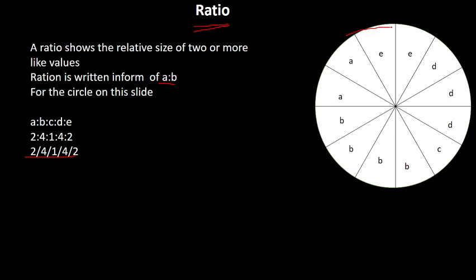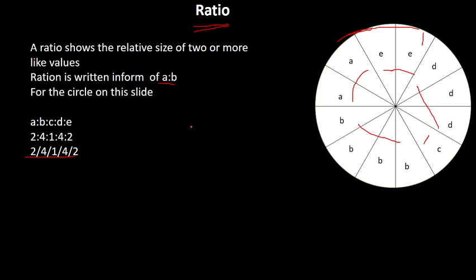Look at this whole circle that is cut into segments. 2 segments contain A, 4 segments contain B, 1 segment contains C, 3 segments contain D, 2 segments contain E. So the ratio of A, B, C, D, and E is 2, 4, 1, 3, 2. This whole structure has been cut into several segments, and it is the same structure, a uniform entity.